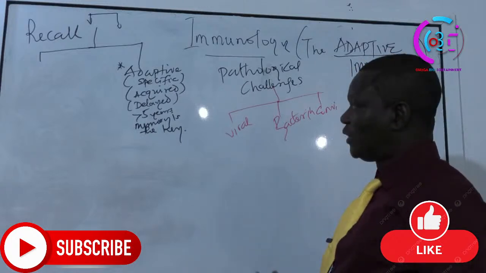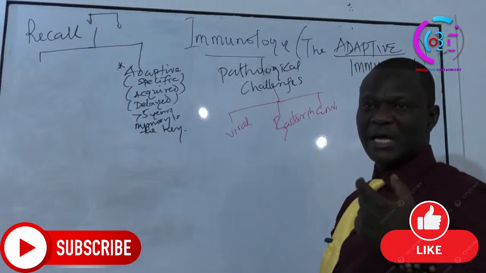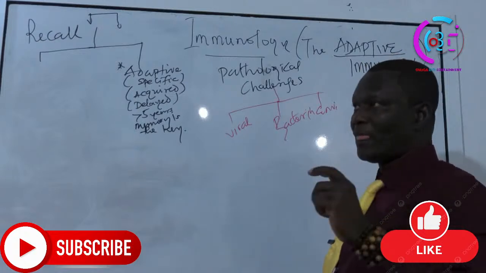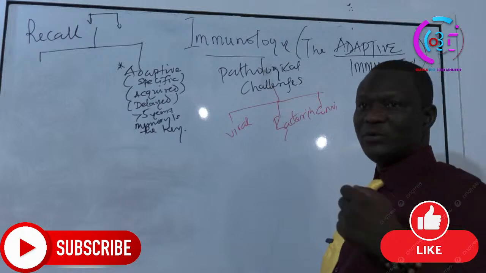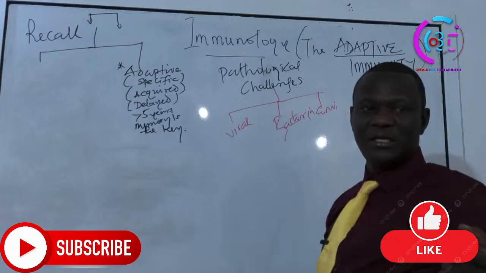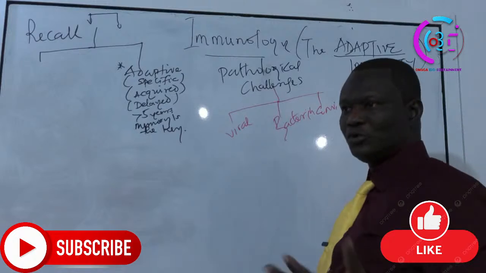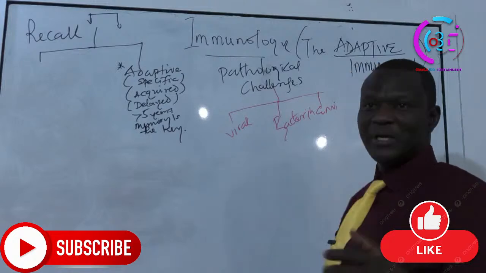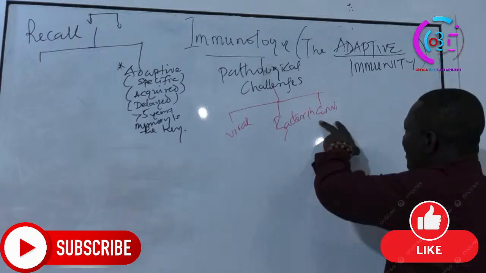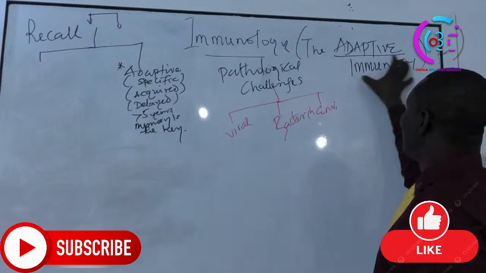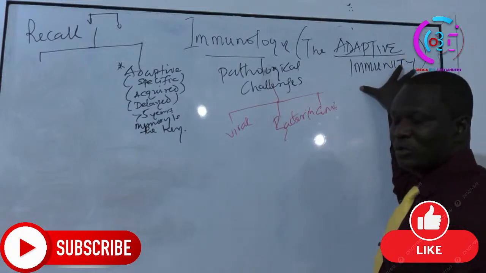For example, some people will develop a hypersensitive reaction, that is, they become allergic to certain foods, substances, the environment, pollen, and all this. So sometimes an environmental challenge could trigger an immunological response.